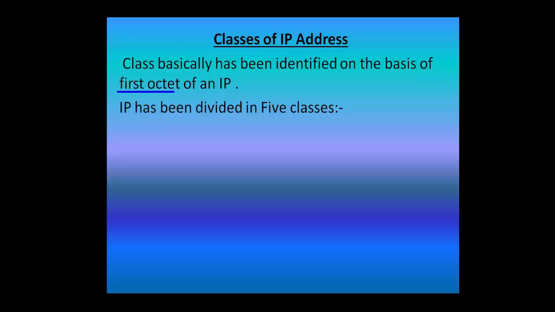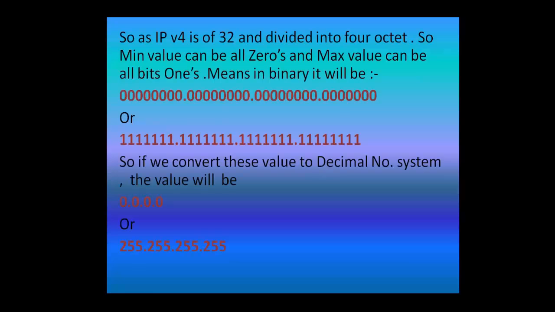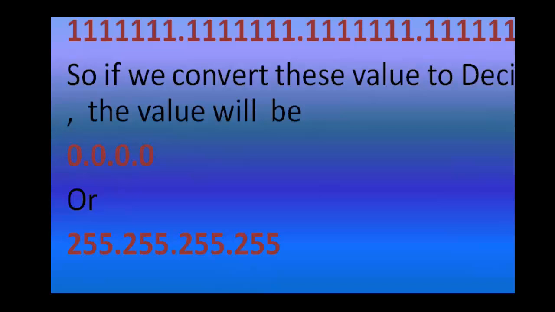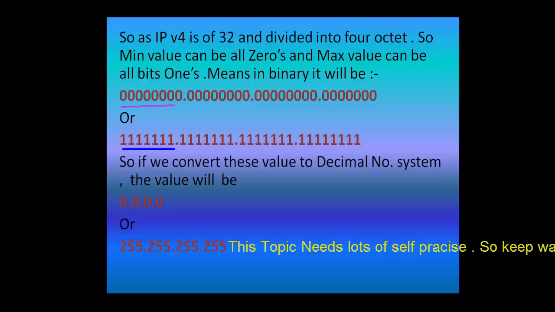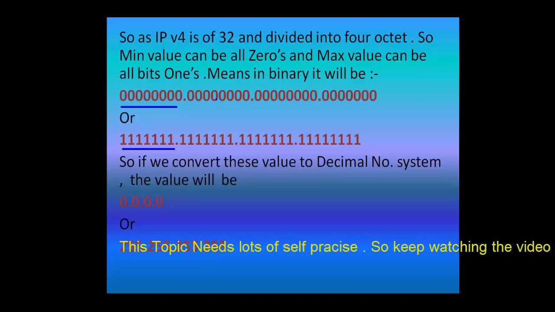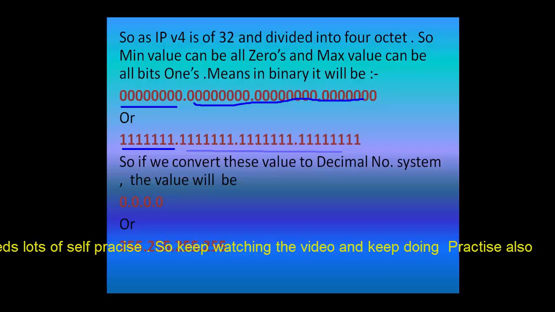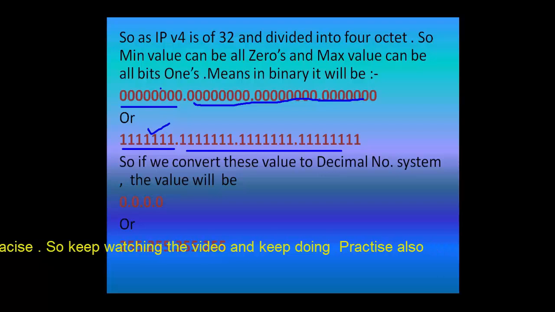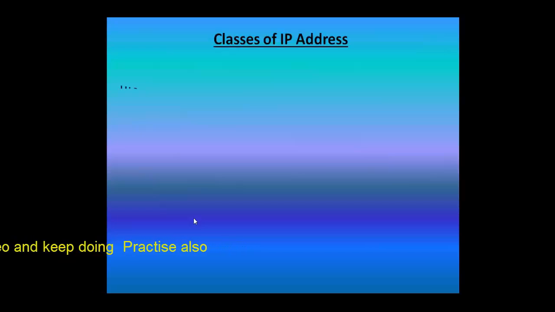In the last PPT presentation, perhaps you remember, the minimum to maximum value is 0.0.0.0 to 255.255.255.255. And if we discuss the class, the first octet of any IP identifies the class. We don't care about the other 3 octets. Class is always identified based on the first octet. Let's come to the classes.